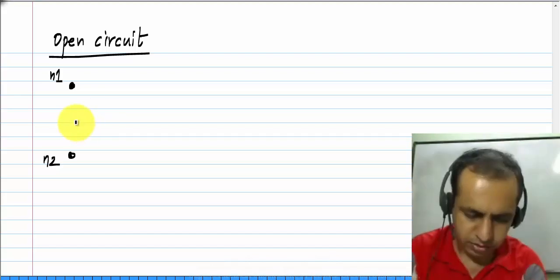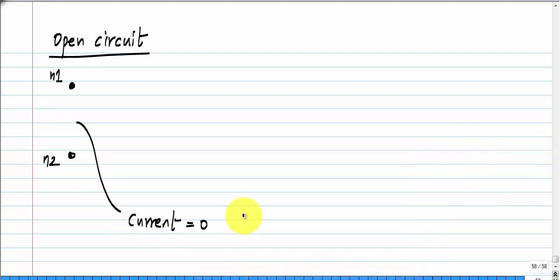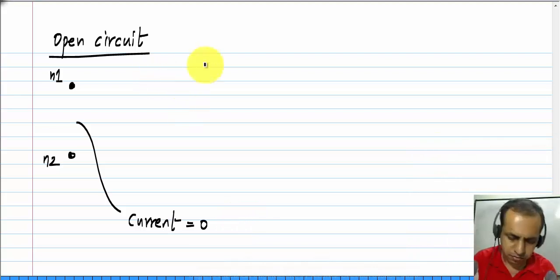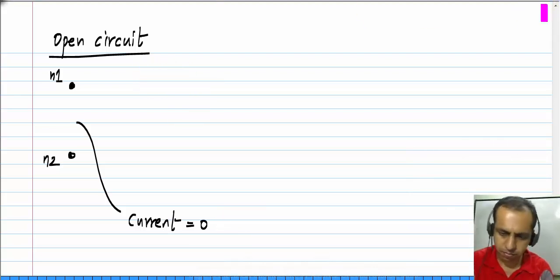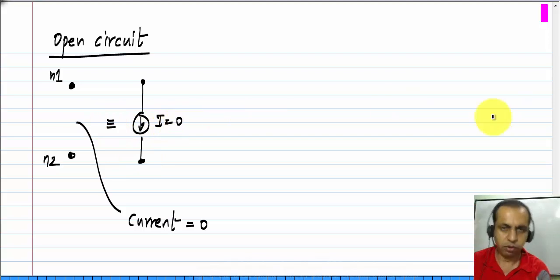In other words, current equals 0. So, what does this mean? You can equivalently represent it with a 0 current source.